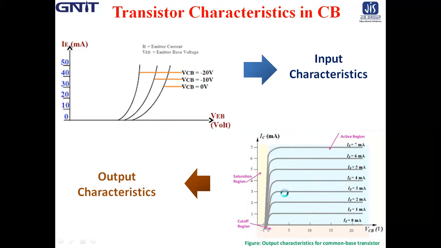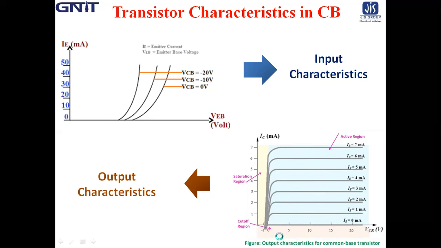These output characteristics curves are again divided into three separate regions: saturation region, active region, and cutoff region.